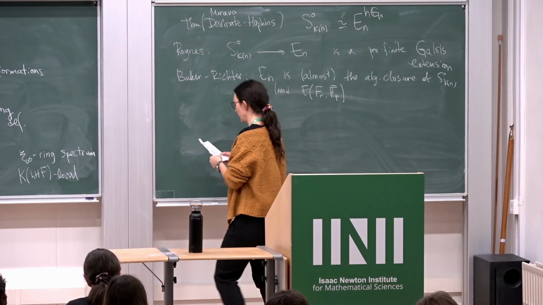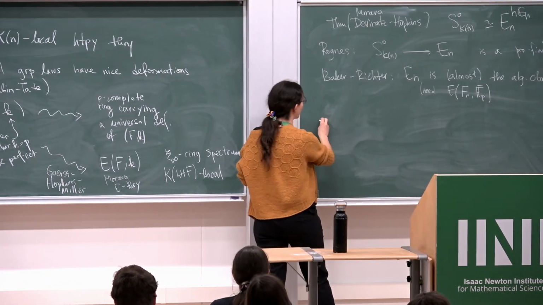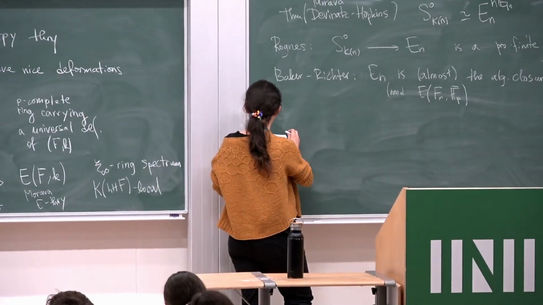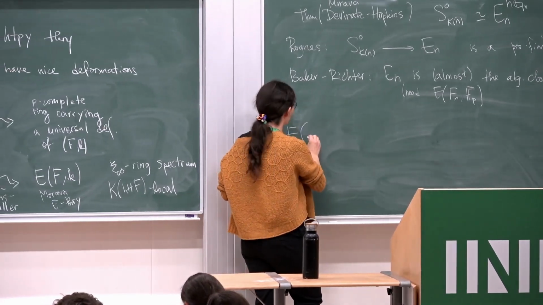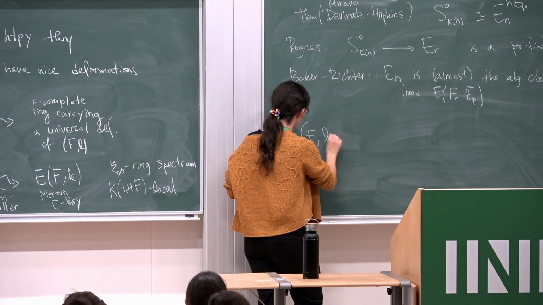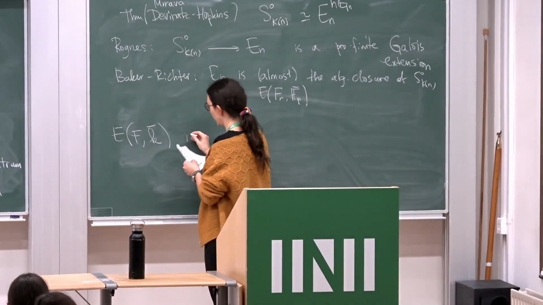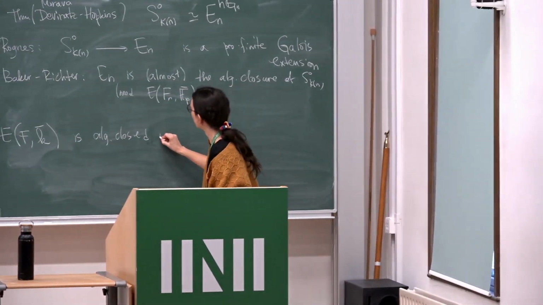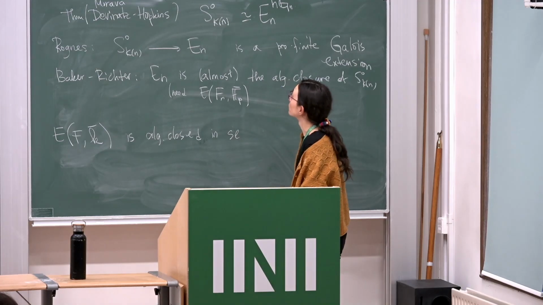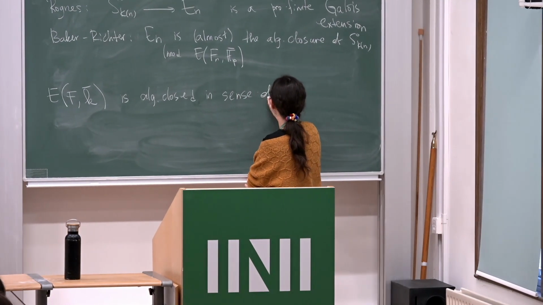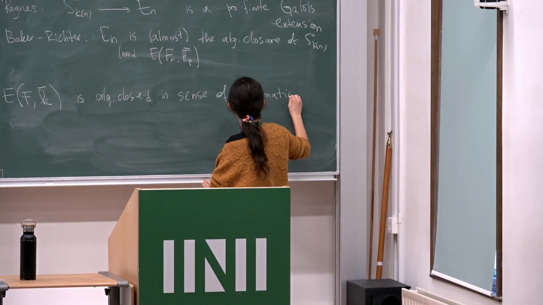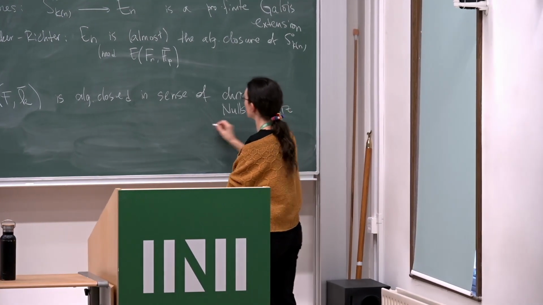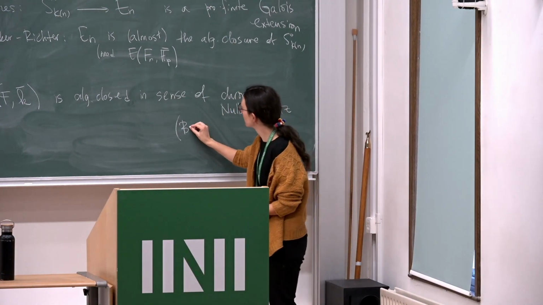So maybe that's the preview. 21st century chromatic homotopy theory says that this is E for whatever formal group law over an algebraically closed field, and it is sort of algebraically closed in the sense of the chromatic Nullstellensatz. This is due to Burklund, Schlank, and Yuan.